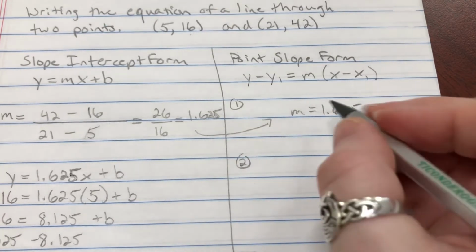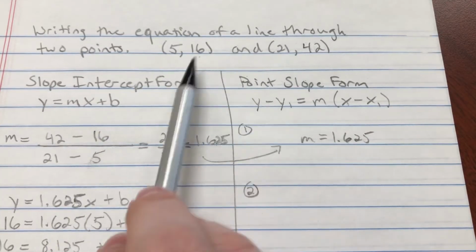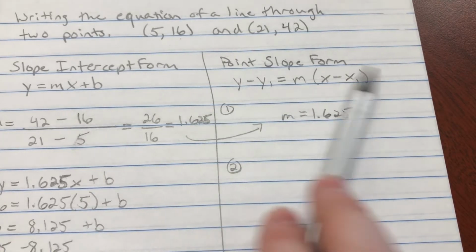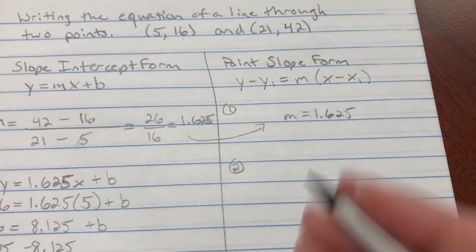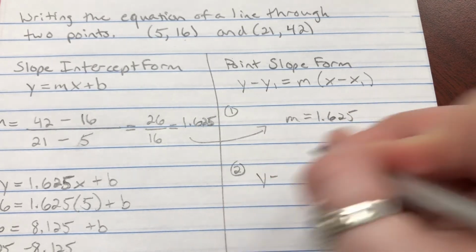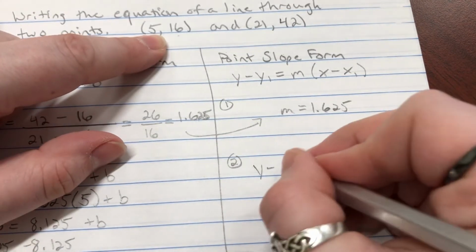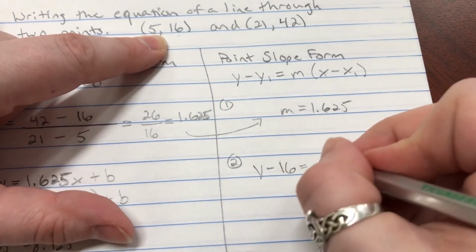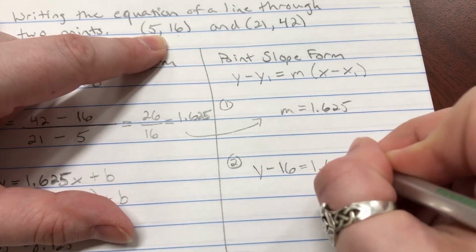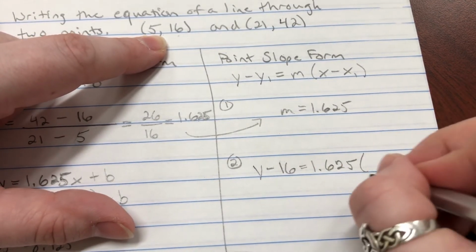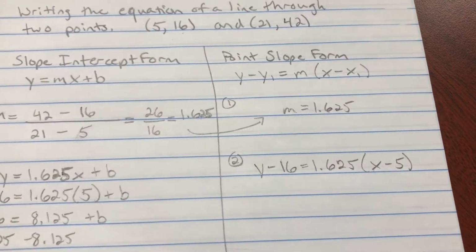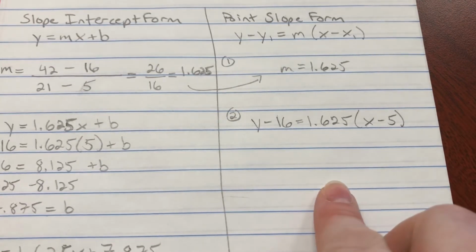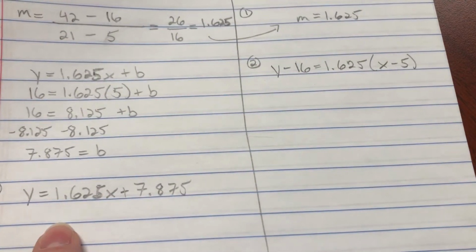Step two is to use one of the points that we know is on our line and the slope to fill in this equation. I'm going to use this first point again, just like I did previously. So I have y minus the y coordinate from this point, which is 16, equals my slope, 1.625, times x minus the x coordinate from the same point. And now I just need to do a couple of algebraic steps to isolate y to get my equation into slope-intercept form as well.